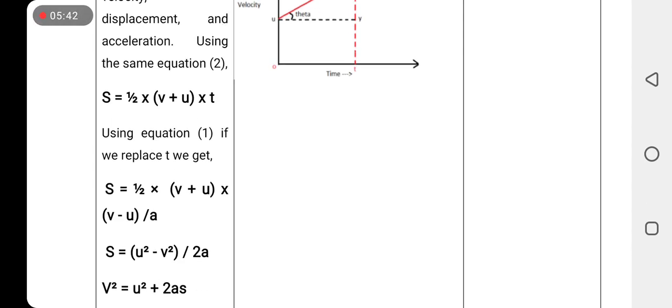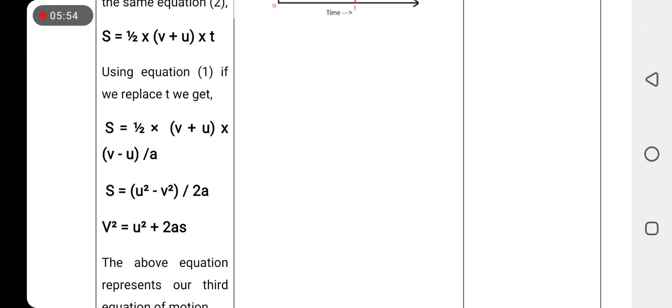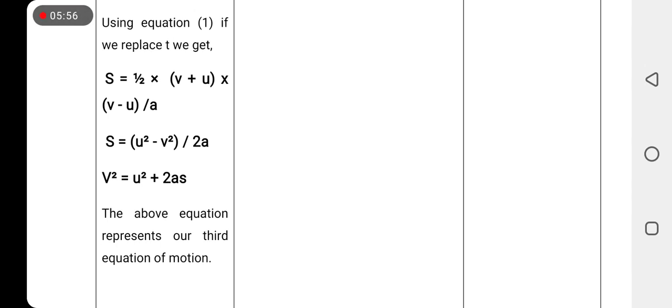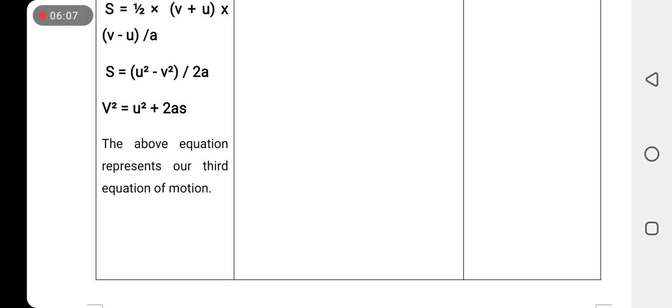S is equal to half times (V plus U) times T. Using equation 1, if we replace T, we get S is equal to half times (V plus U) times (V minus U) all over A. S therefore is equal to (V squared minus U squared) all over 2A.